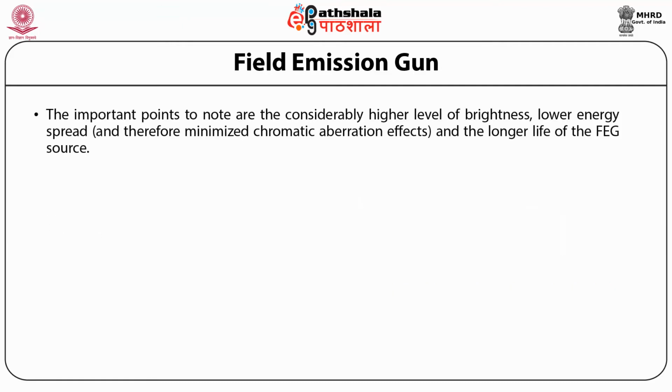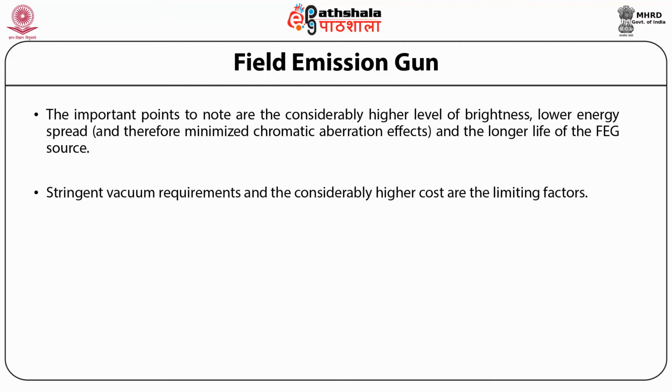The important points to note are the considerably higher level of brightness, lower energy spread, and therefore minimized chromatic aberration effects, and the longer life of the FEG source. Stringent vacuum requirements and the considerably higher cost are the limiting factors.